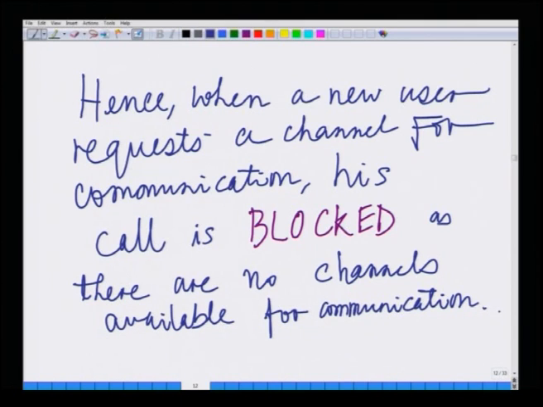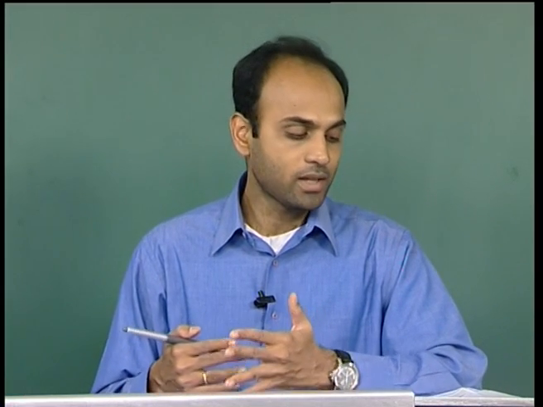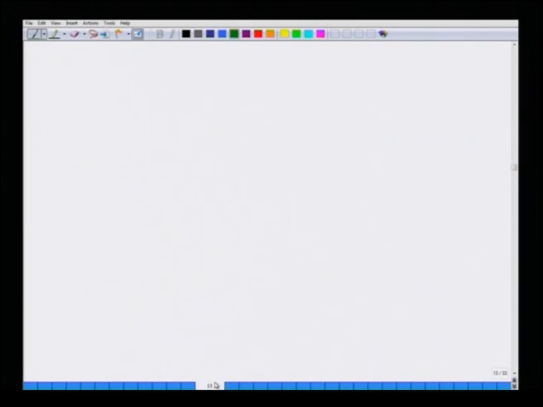So his call is blocked in the event that all the available channels are occupied, and this is termed as blocking probability, which is the characteristic feature of any trunking system.